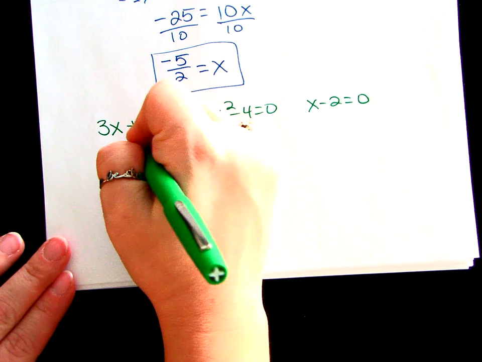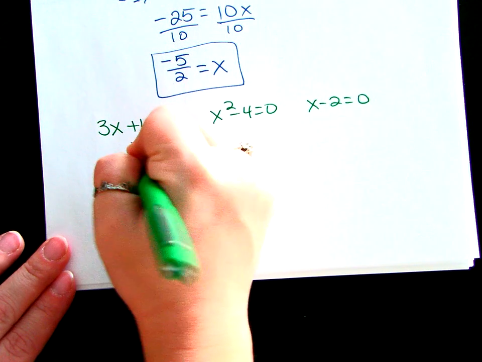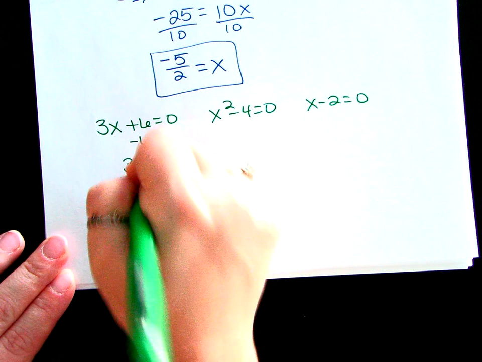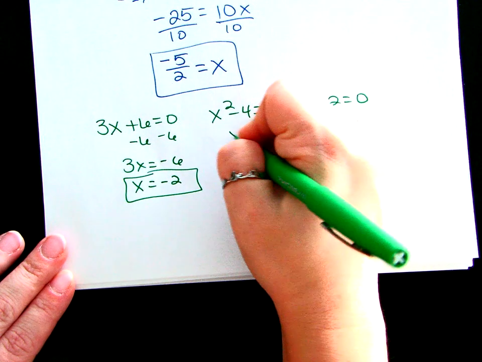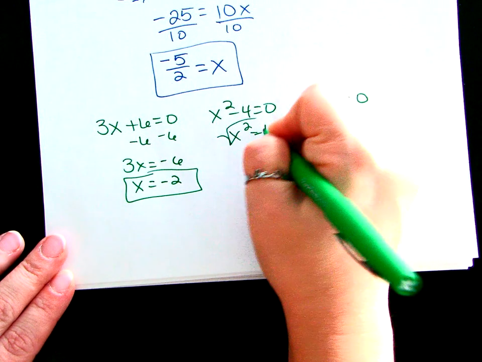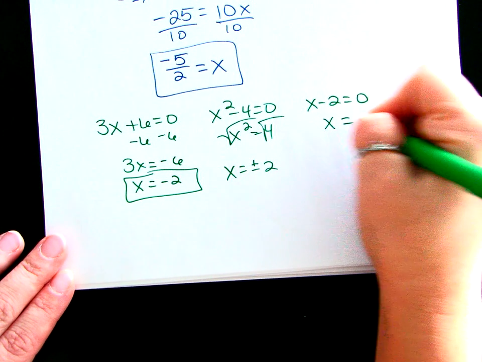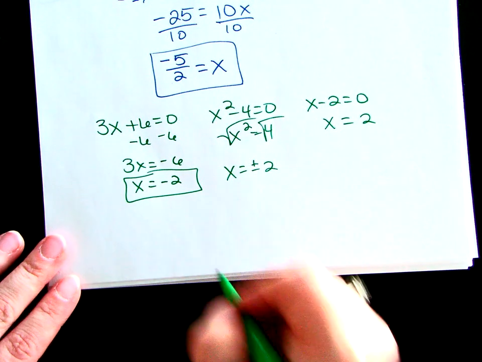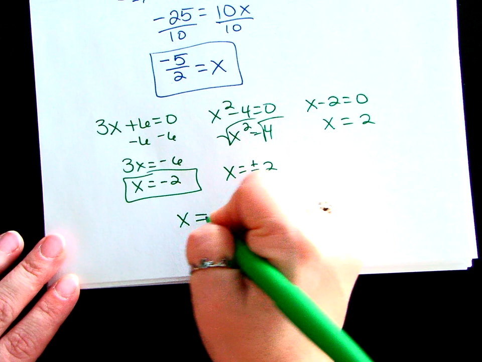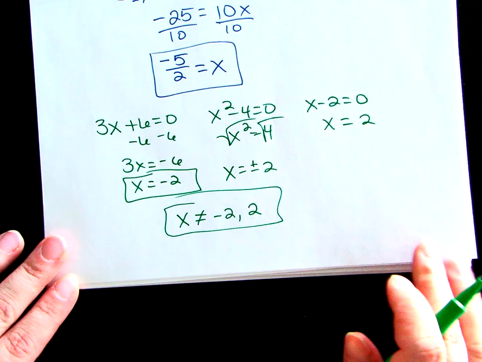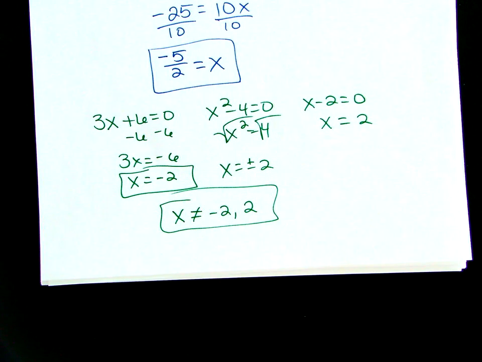Subtract the 6, divide by 3. And in this case, we are going to have some overlapping, which is fine. Because you can get the same trouble spot more than once. It doesn't mean it's like double trouble or anything. It just means algebraically you got it more than once.